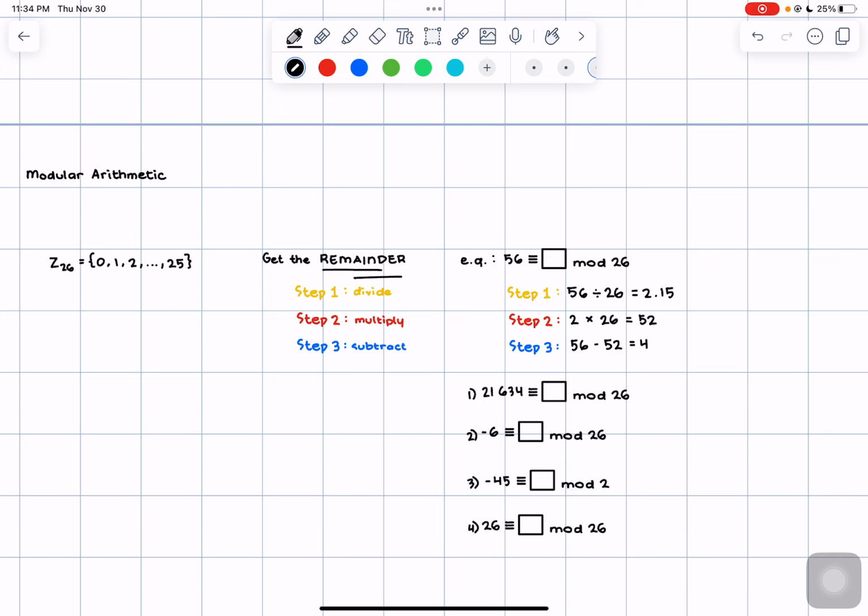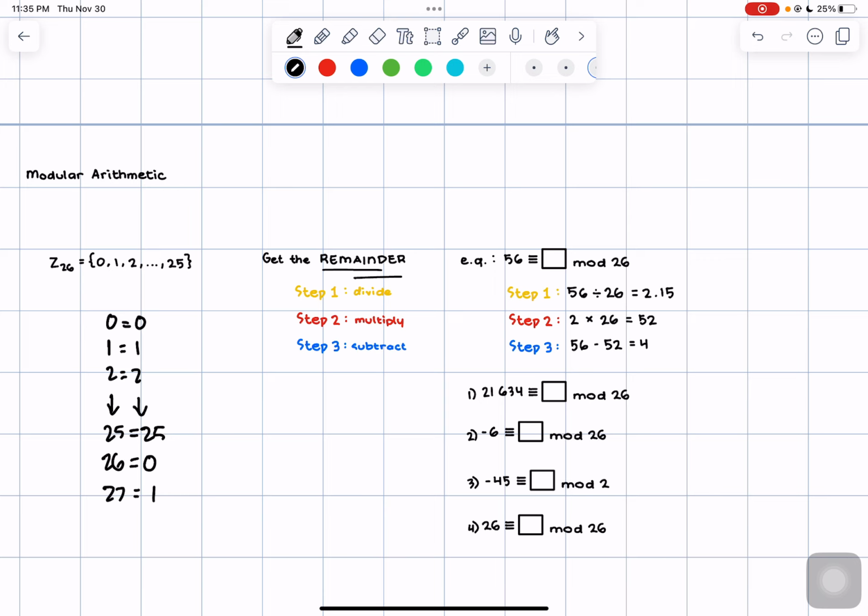For instance, 0 is equal to 0, 1 is equal to 1, 2 is equal to 2, and so on until we reach 25 is equal to 25. However, once we reach the number after 25, which is 26, we go back to 0, and so on.